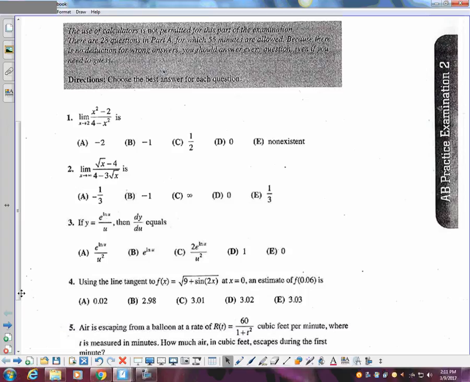I want the limit as x approaches 2. Do bad things happen to this graph when x approaches 2? Okay, so what do you think? Calculators are not permitted.